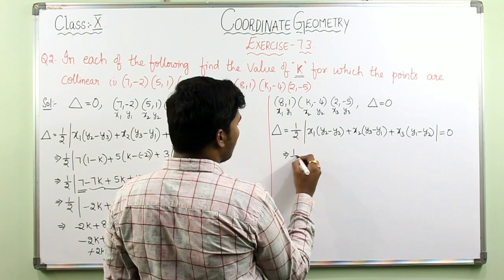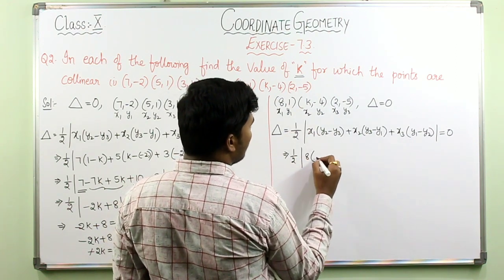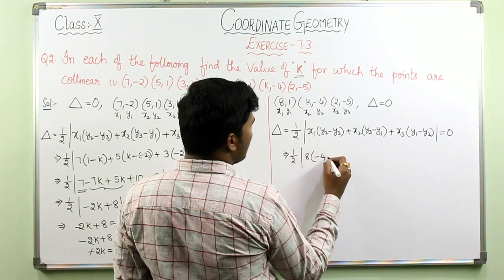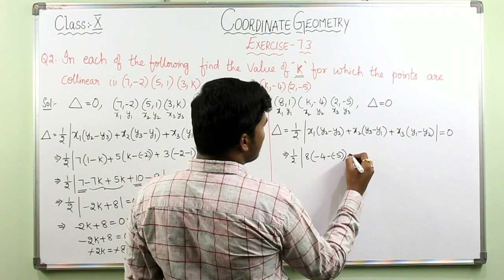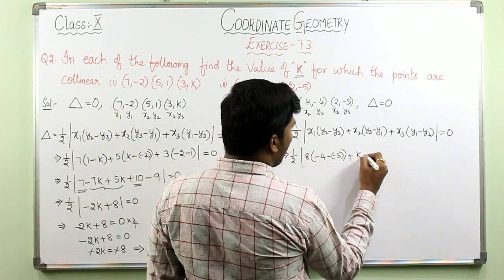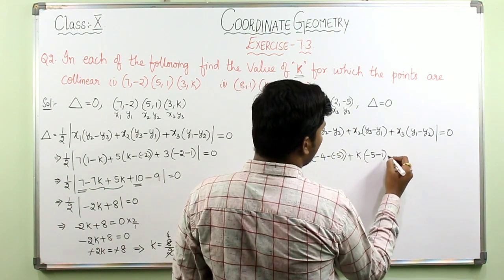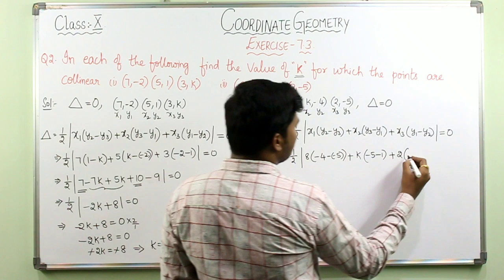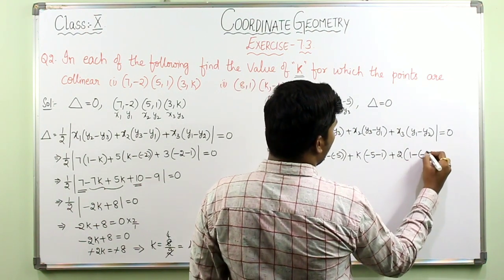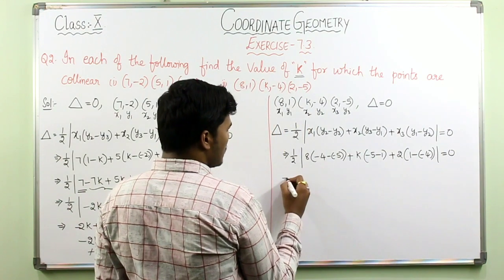Then this implies 1 by 2 times of x1 is 8 into (y2 is minus 4 minus y3 is minus of minus 5) plus x2 is k into (y3 is minus 5 minus y1 is 1) plus x3 is 2 into (y1 is 1 minus of minus 4, that is y2), which is equal to 0 again.